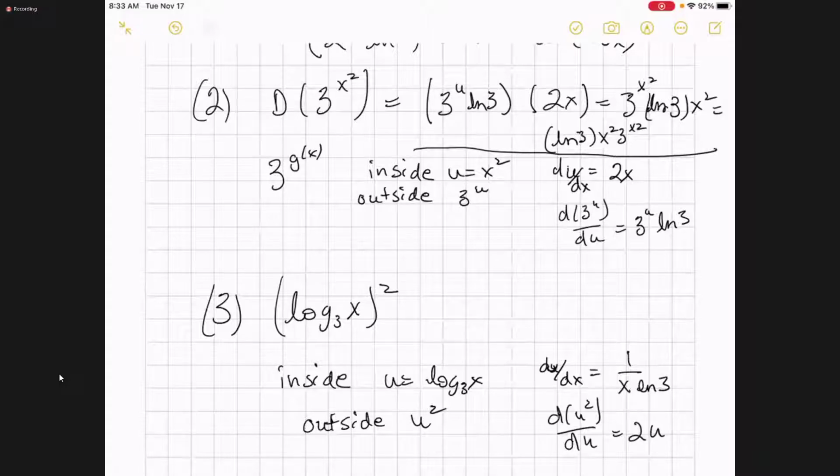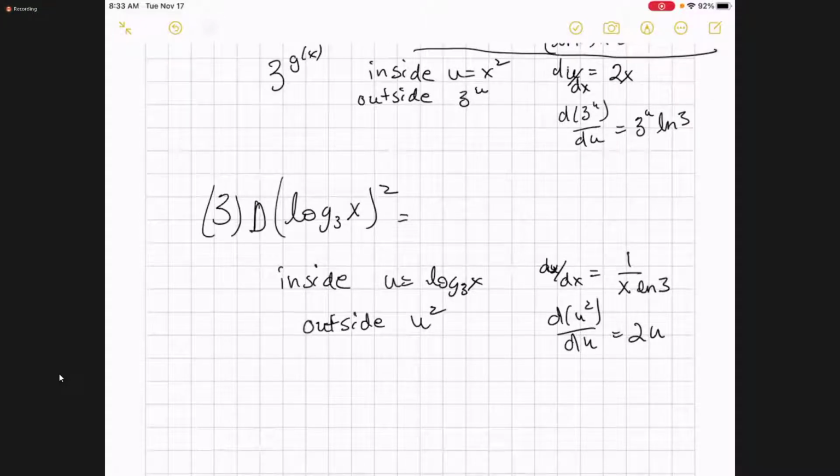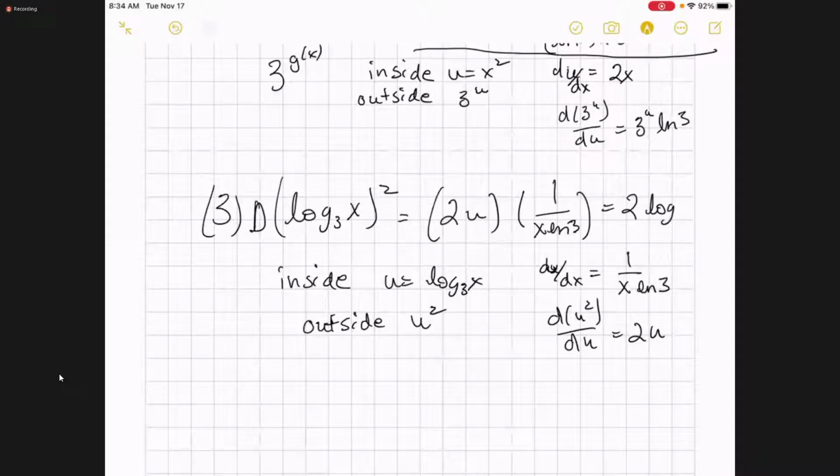Okay, so chain rule says this derivative is 2u. That's the derivative of the outside function applied to the inside function. And you've got to multiply it by the derivative of the inside function. Okay, so this would be 2 log base 3 of x times 1 over x ln of 3, which I could just write as 2 log base 3 of x over x ln of 3.